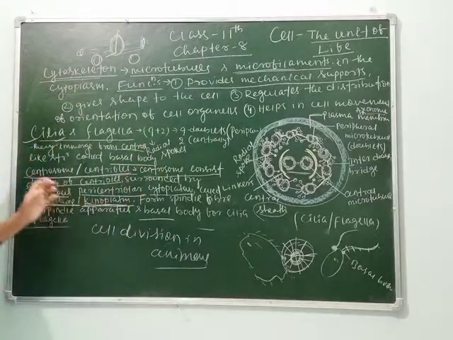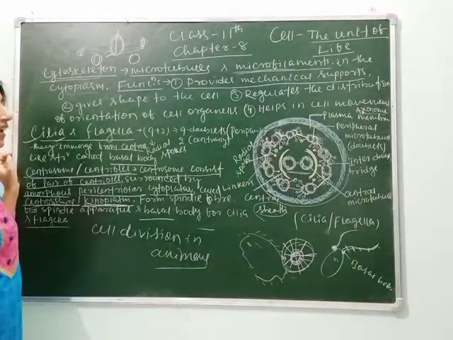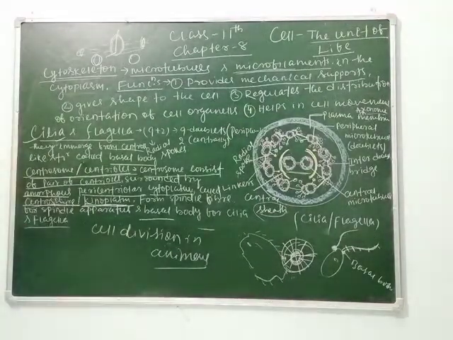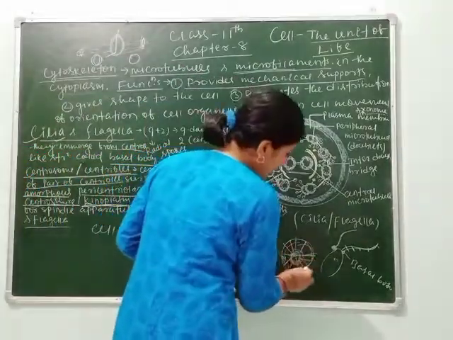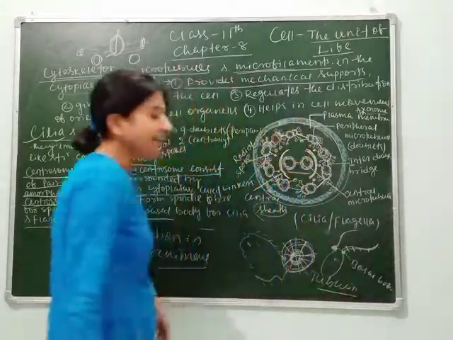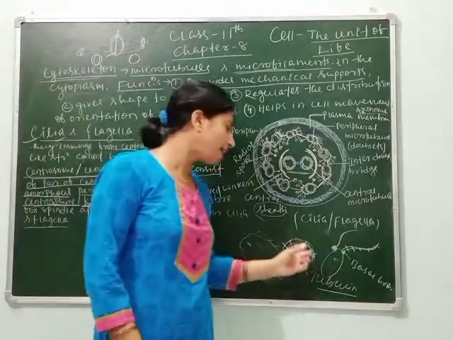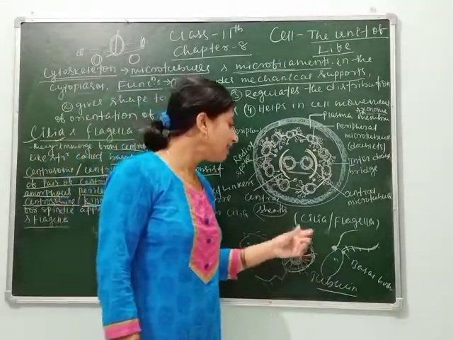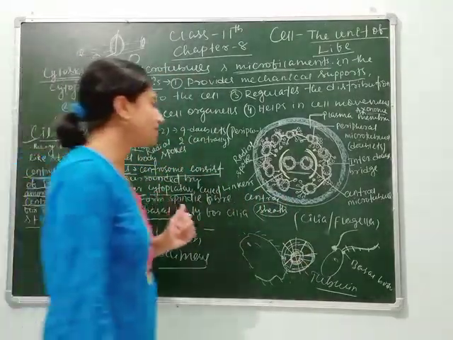So the centrosome or centrioles are arranged like the spokes of a cartwheel. Clear, students? Sometimes the tubulin protein is present at the peripheral region, towards the peripheral part of the circle or cartwheel structure, and they are called the hubs.